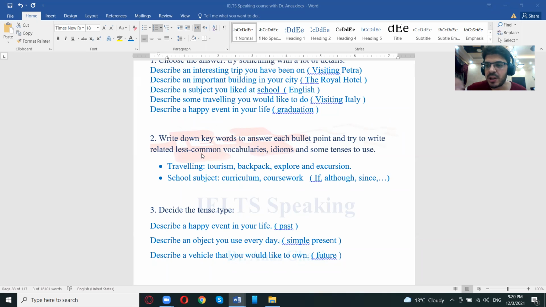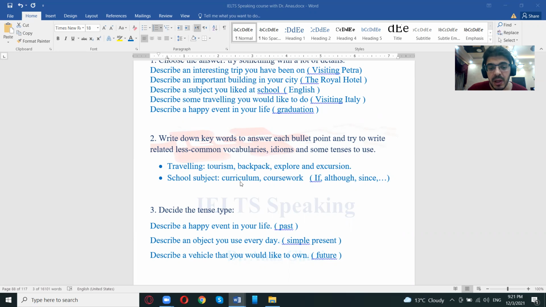So less common words actually are going to level up your score a little bit, maybe half a degree, or maybe one complete degree, okay, from 6 to 7, if you use idioms correctly. For example, traveling, maybe I can say something about tourism, backpack, explore, and excursions.